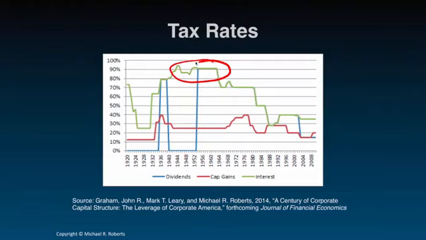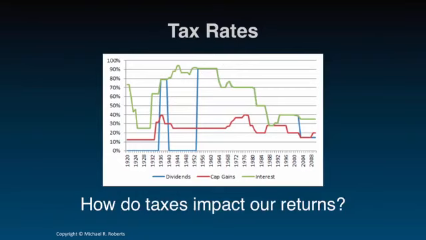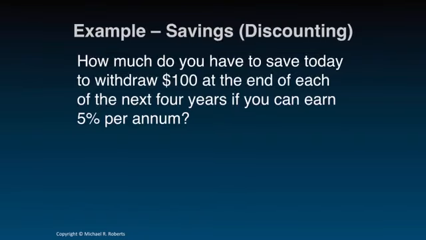Now, admittedly, it's not clear how many people those tax rates of 95% actually applied to, but taxes are substantial and they move around a lot over time. So it's important to understand how they impact our investment income.